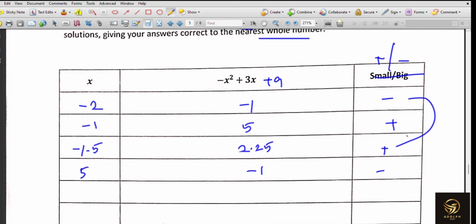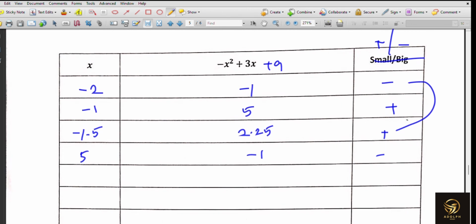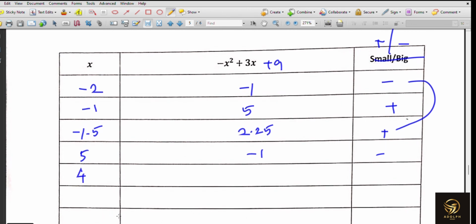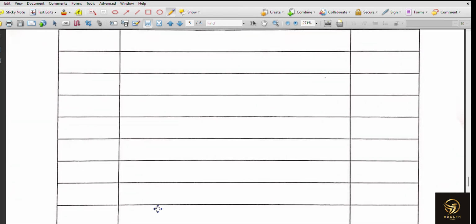Let us try 4.5, so maybe this itself can give that exact answer. When I'm trying 4.5, I'm getting 2.25. So it is positive, so the root must be in between this. Like how we took minus 1.5 to 2, where negative 2 is the answer, here it is 4.5 to 5. So 5 is the answer. So another answer is 5.